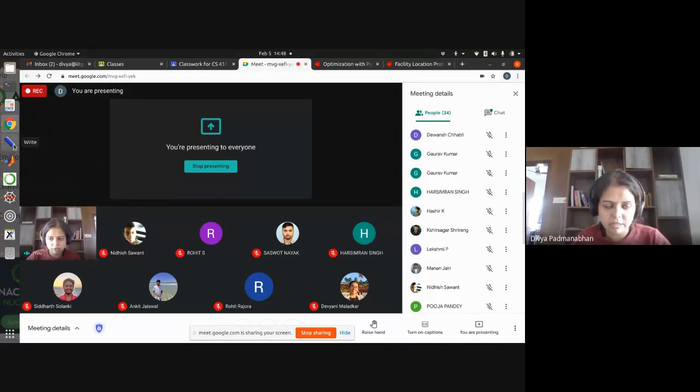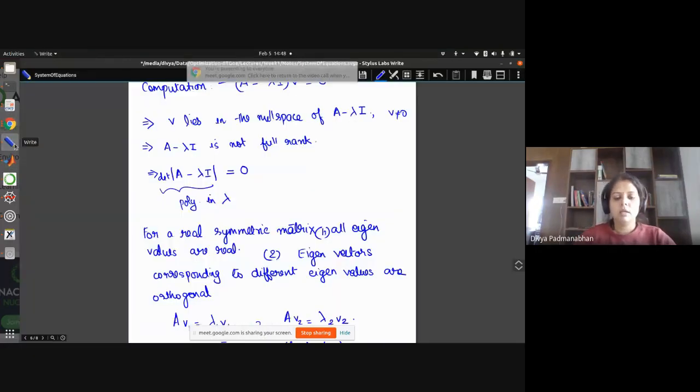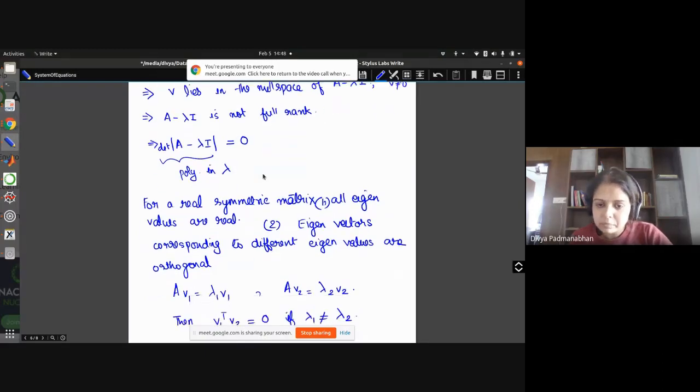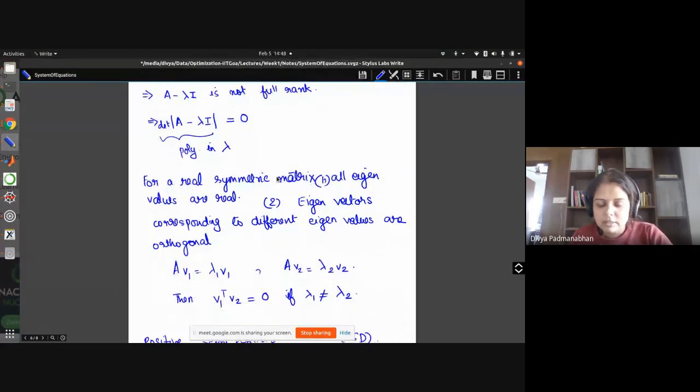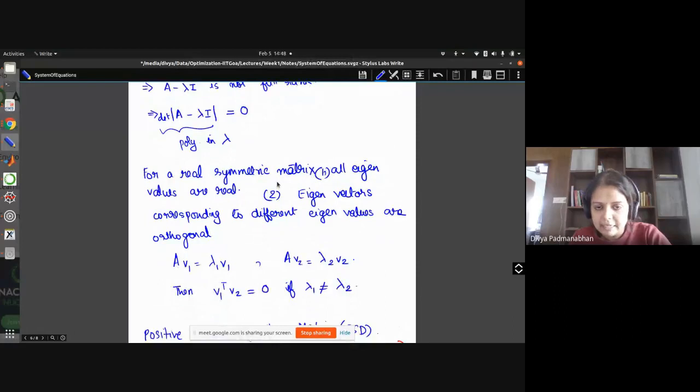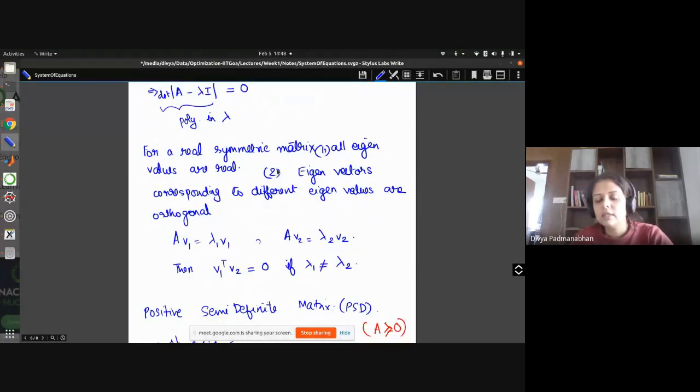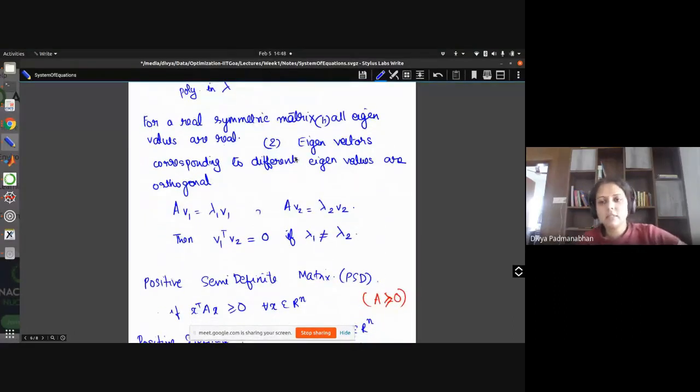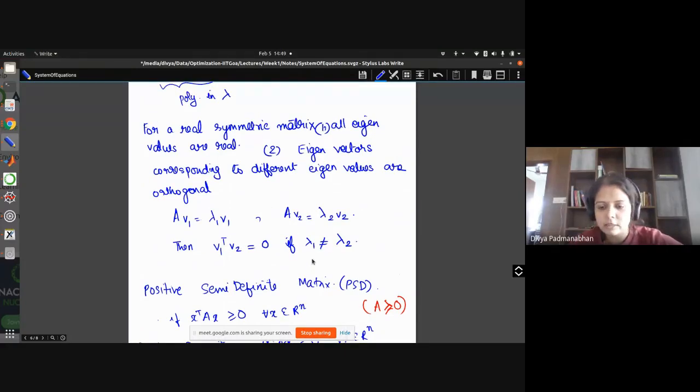Now, a related concept is that of positive semi-definite and positive definite matrices. A matrix is positive semi-definite if all the eigenvalues are positive or 0, so greater than or equal to 0. Another equivalent characterization is that x transpose A x is greater than or equal to 0 for every x.